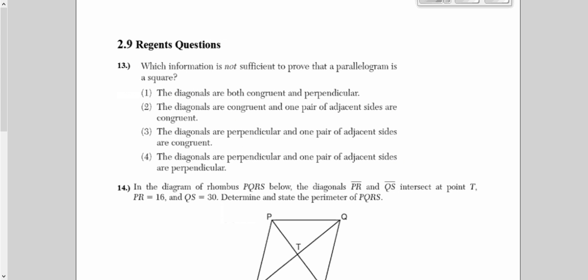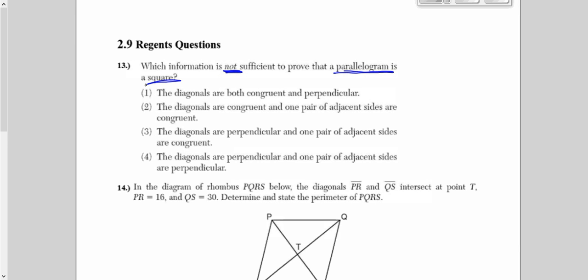Number 13. Please notice any key words in there, like, for example, this one, and this one, right? And this one.